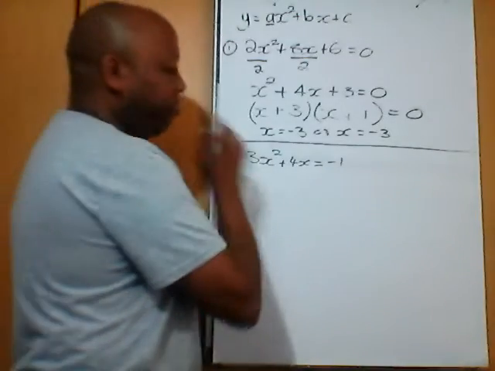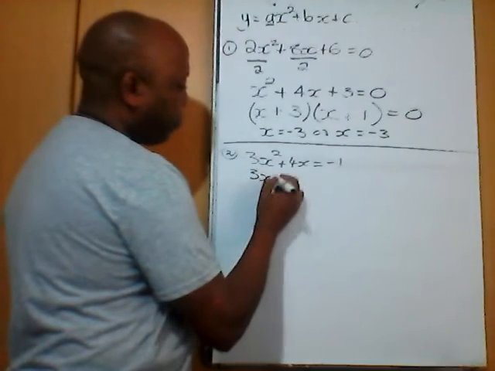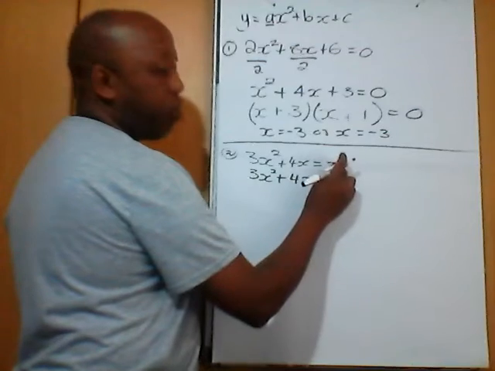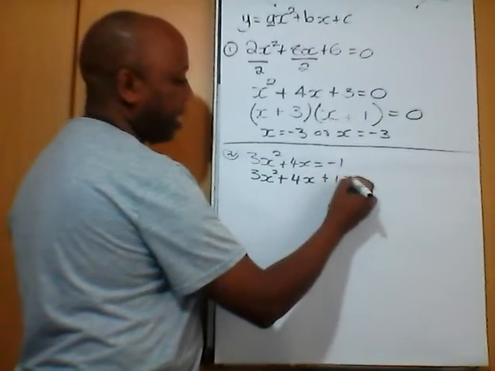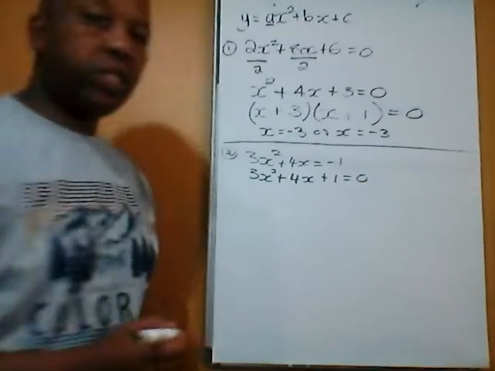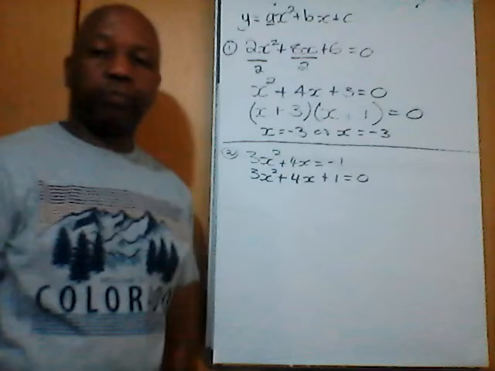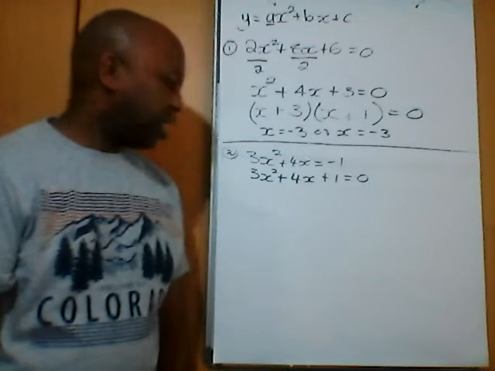First thing we want to do is standardize this equation by bringing the 1 from the right hand side to the left hand side. It becomes a positive 1, and on the right hand side we just put a 0. So we've got 3x squared plus 4x plus 1 equals 0.